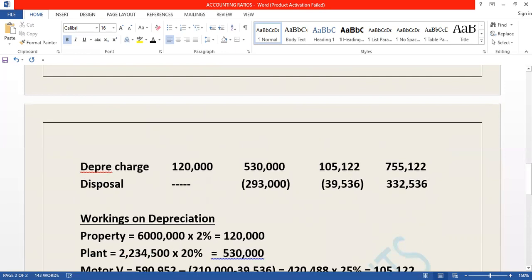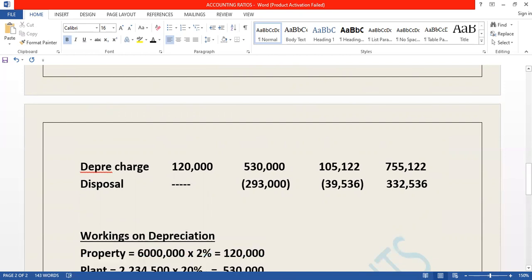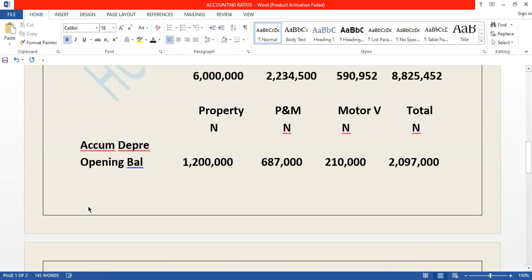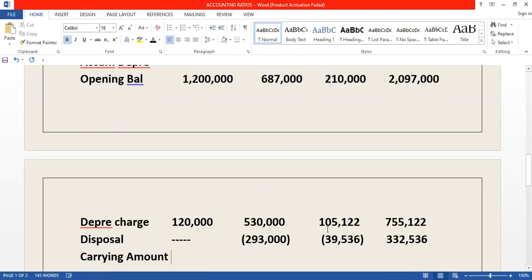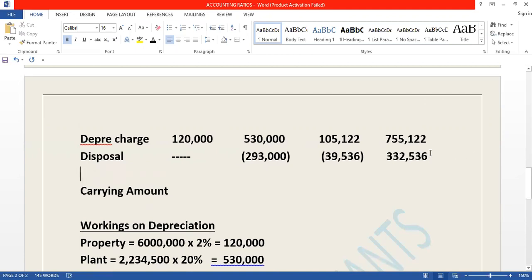Now that's not the final. What we want to get now is the carrying amounts of the asset. So how do we get carrying amounts of the asset? All we have to do is the cost minus total depreciation. So I'm going to give one more line.